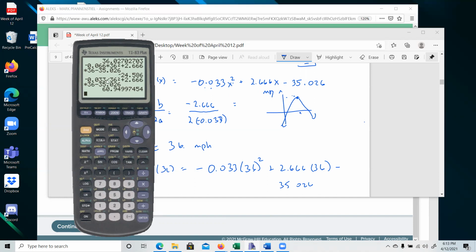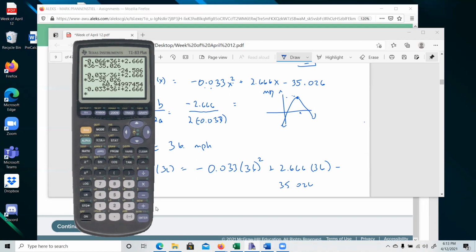Both messed up. What should have been a times here? That just doesn't look right to me. 36 squared. Okay. Plus 2.666.